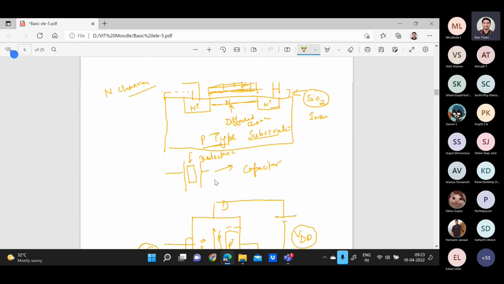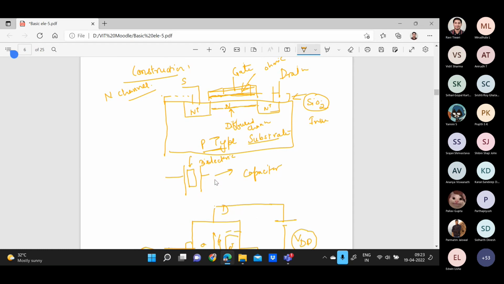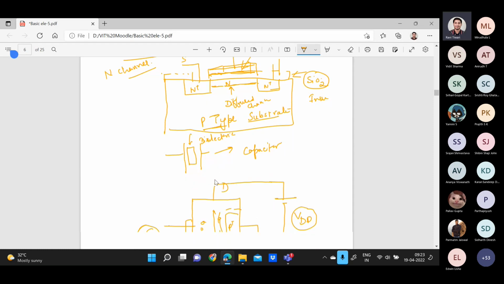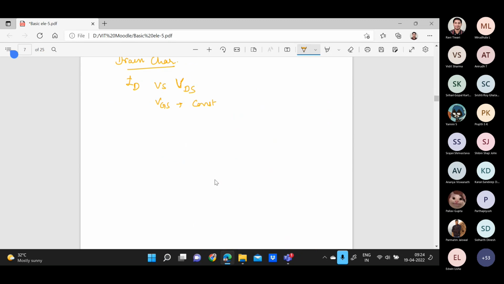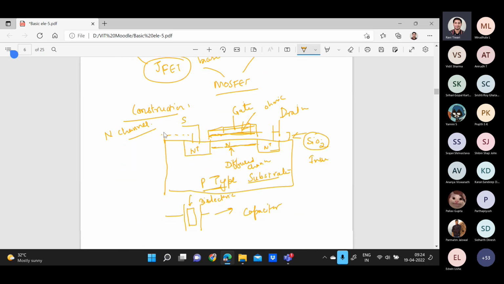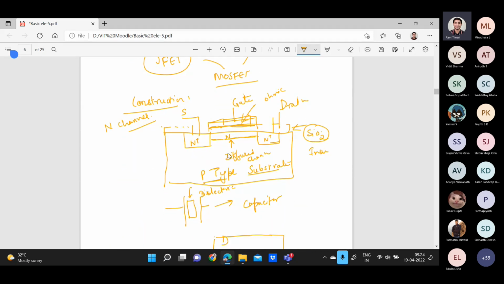Yes, yes. In the N channel, one minute. Okay, I had already made the figure. So here is the N channel. That was only the representation that I showed you. So in the N channel, you have to take the P-type substrate. In the P-type substrate, you have to diffuse the N positive material.